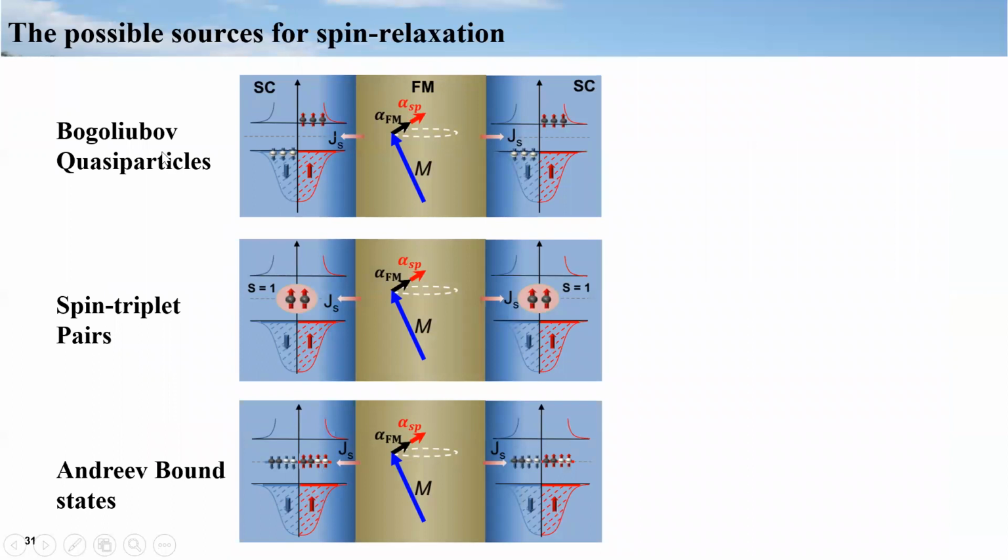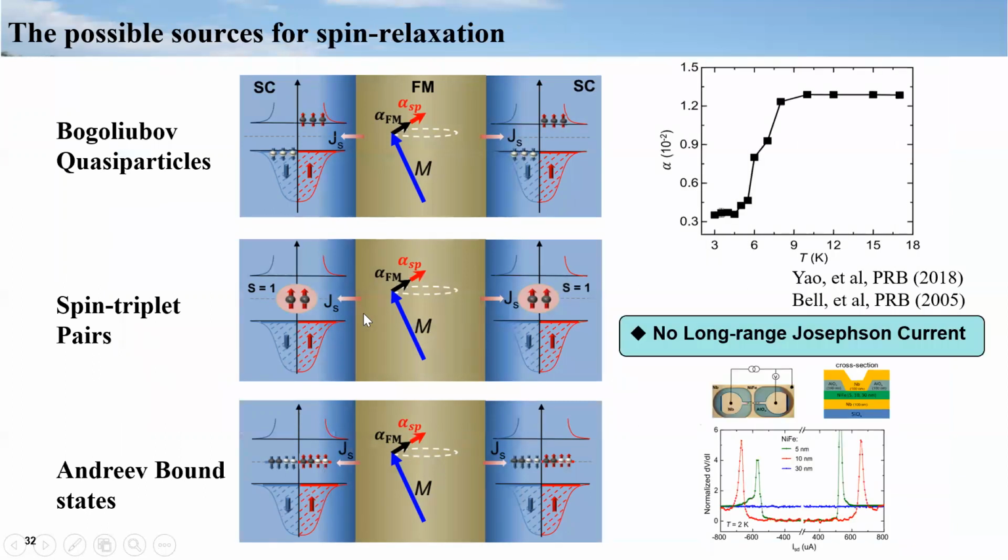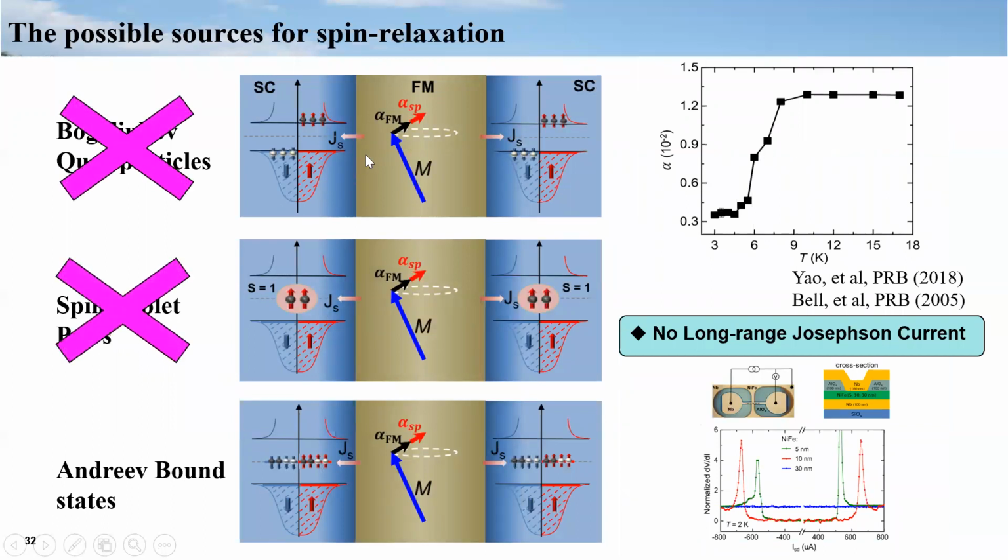As far as we know, there are three possible quasi-particle relaxing sources for the spin current: conventional Bogoliubov quasi-particles, spin-triplet pairs, and Andreev bound states. Because of time, based on our best understanding, we rule out the Bogoliubov quasi-particles and spin-triplet pairs.